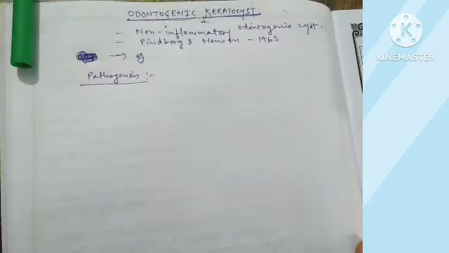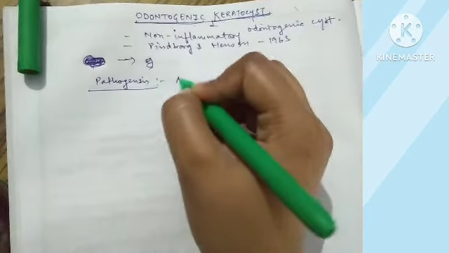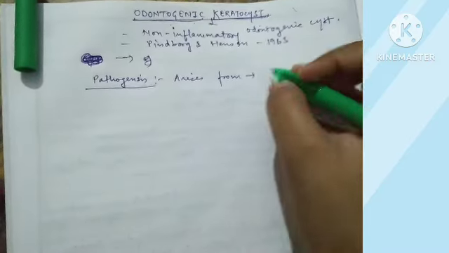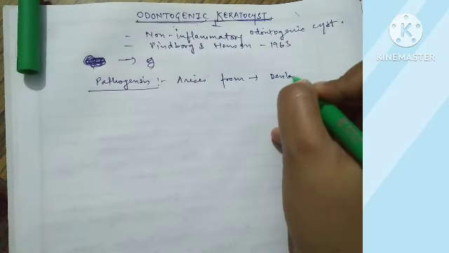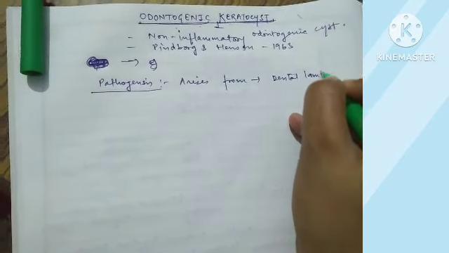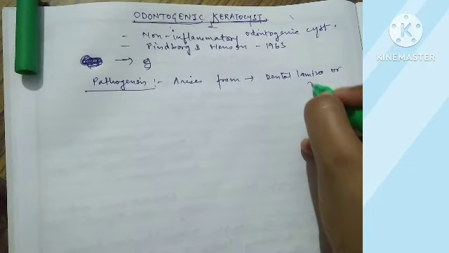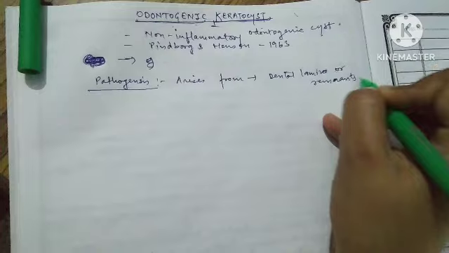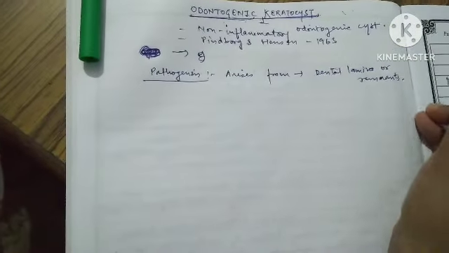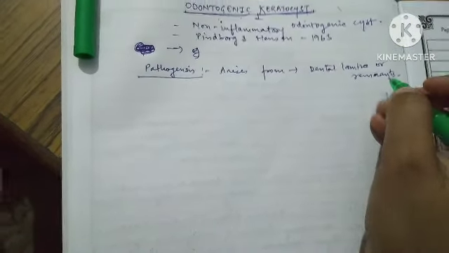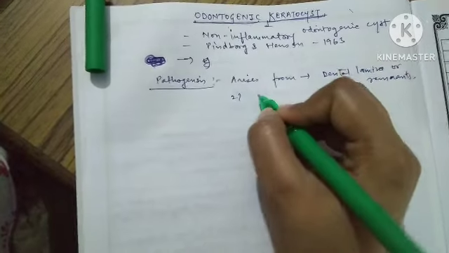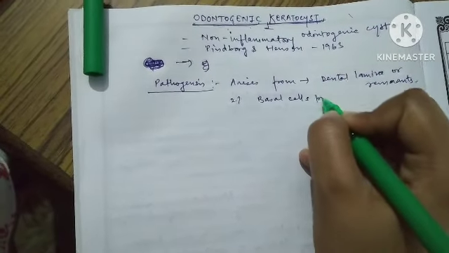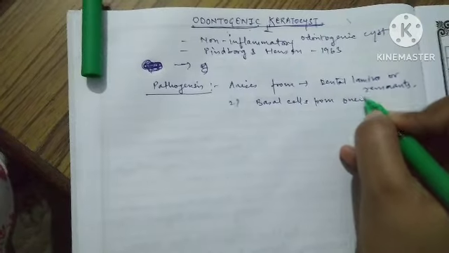Okay, pathogenesis. It arises from dental lamina or its remnants. Or it arises from basal cells from the overlying mucosa.